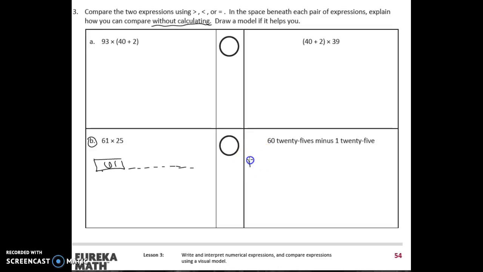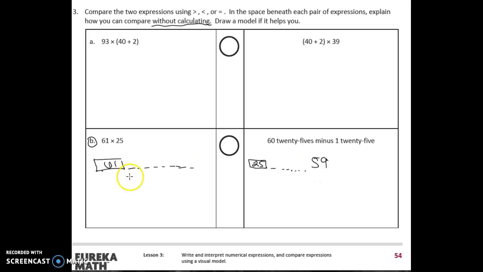So in this case, each one of them is worth 25, and we're going to be taking one of them away. So this is going to go on 59 times then, right? So 59 of those.